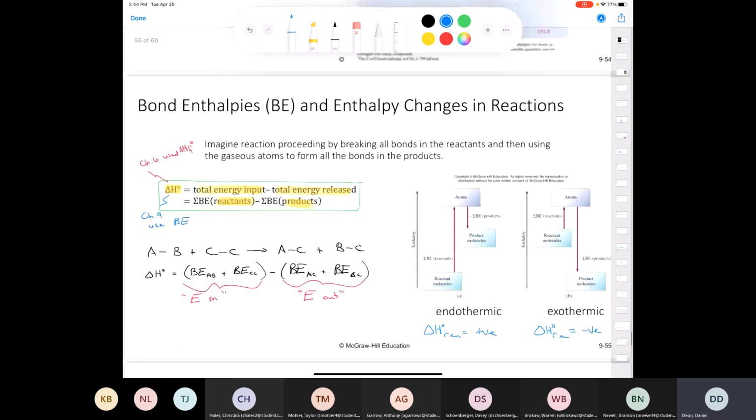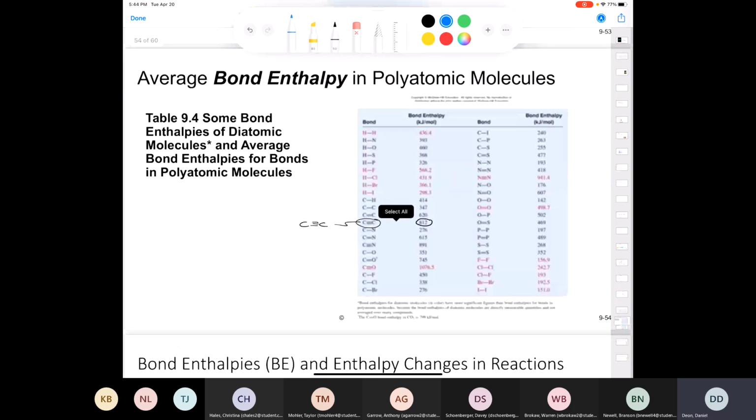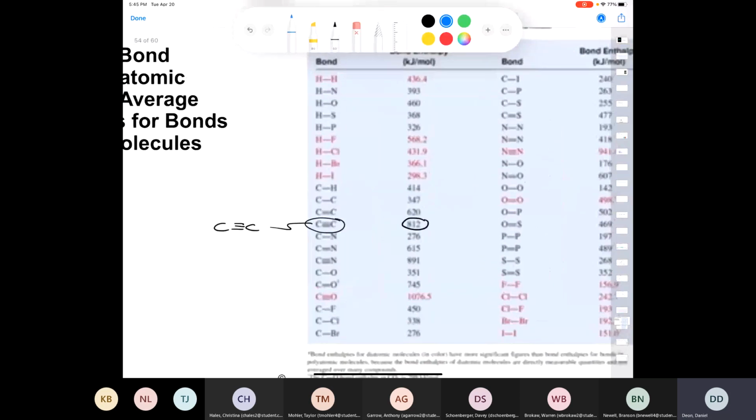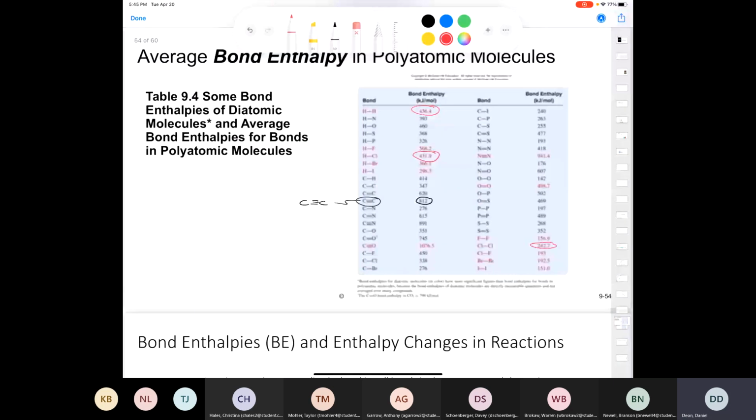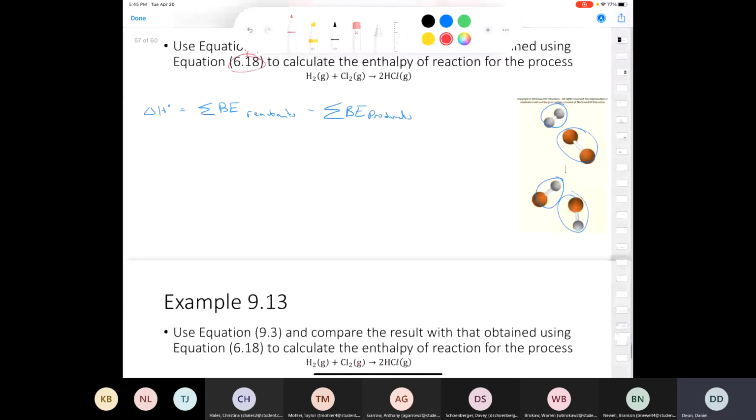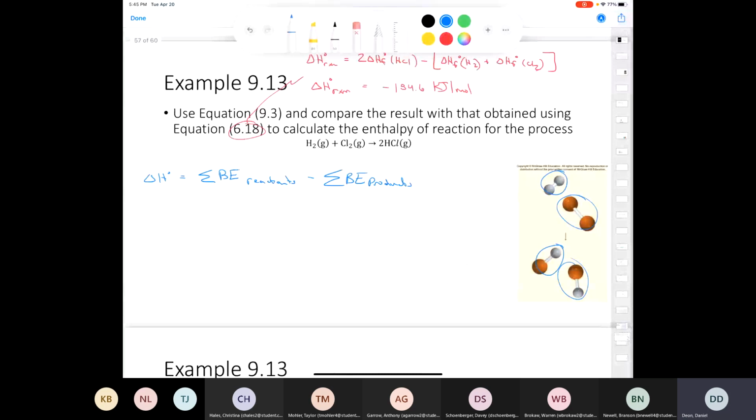I'm going to get the bond enthalpies from this table here, and I know it's a little fuzzy, but you see the bond enthalpy for an HCl bond, the bond enthalpy for an HH bond, and then the bond enthalpy for a Cl2 molecule. So let's plug some of those numbers in. Again, I took them all from that table.